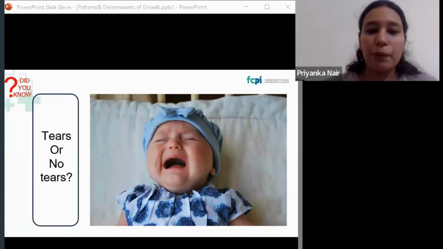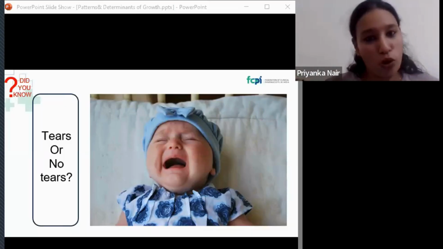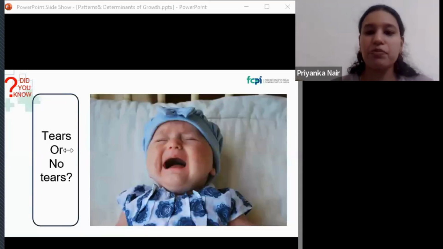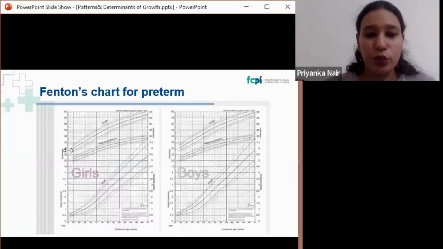And for premature babies, that are babies born before 37 weeks of gestation, they produce tears a little bit longer than the 37-week delivered babies. Now, the premature babies can be classified into extremely preterm, very preterm, moderate preterm, and late preterm.